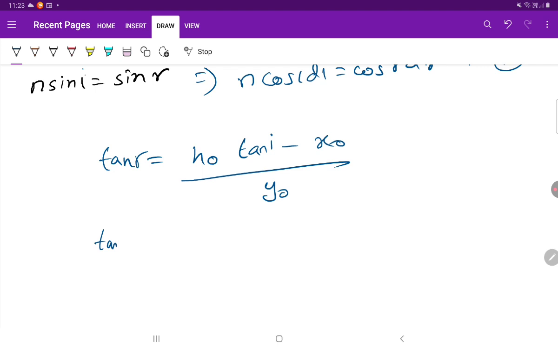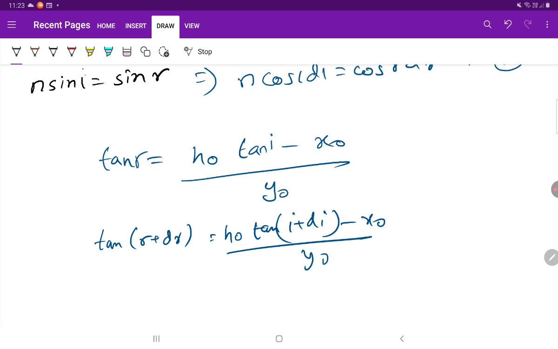Similarly, tan of r plus dr equals h naught tan of i plus di minus x naught by y naught, because both the rays intersect at a common point, that is (x naught, y naught). So in this situation, we'll be taking x naught and y naught as constants, right?